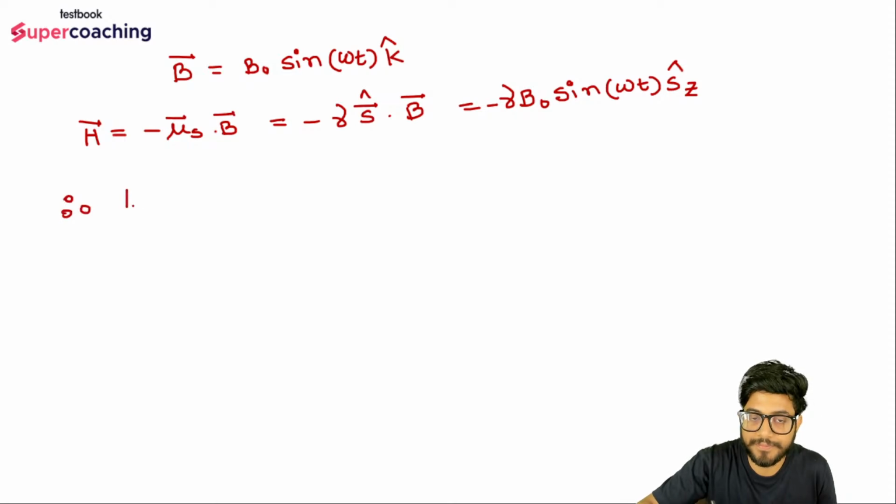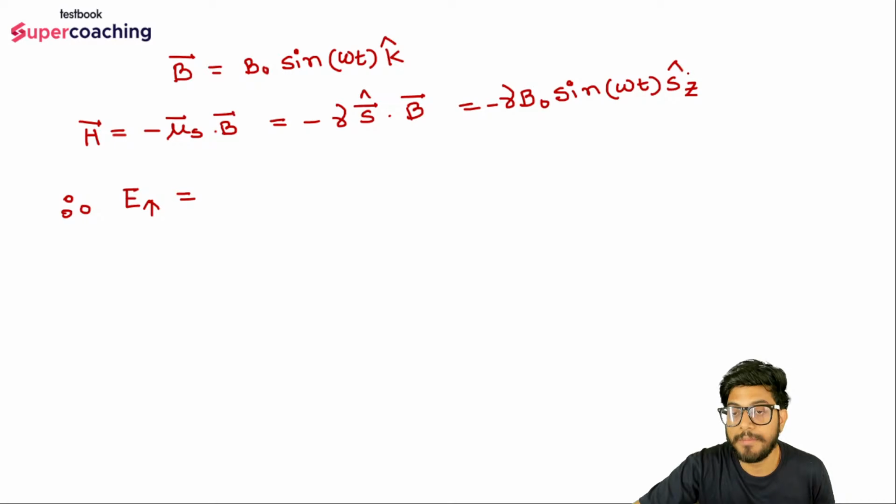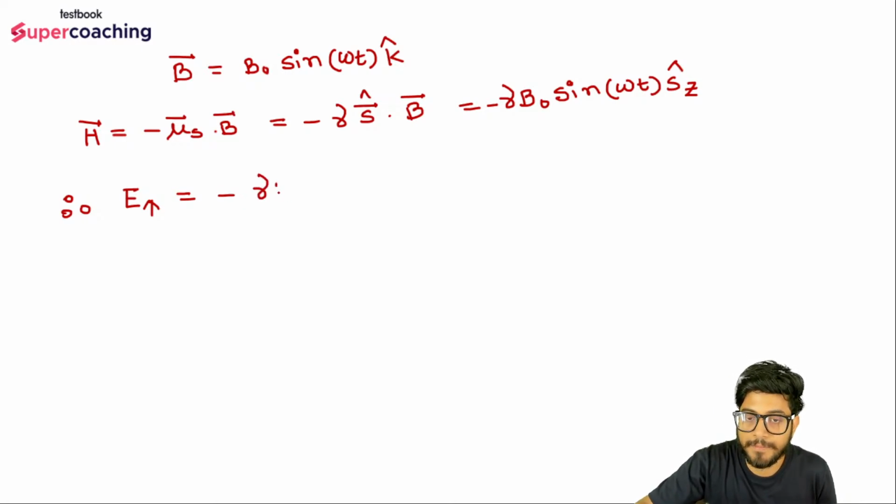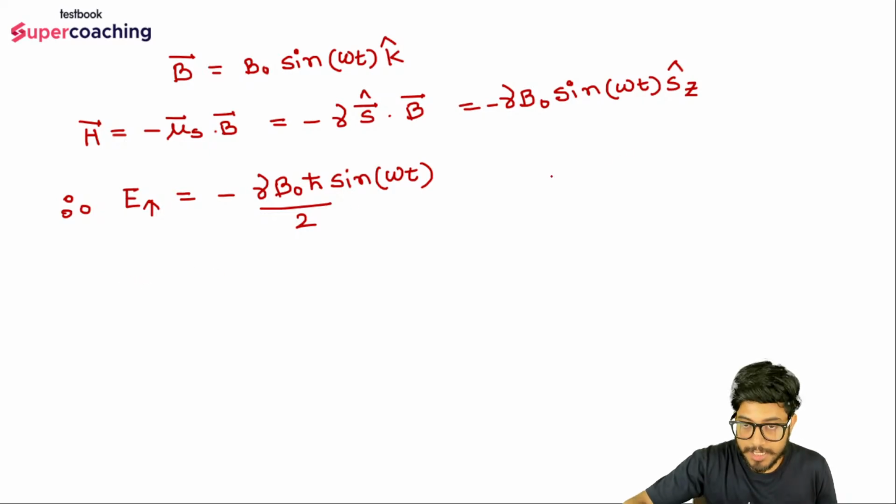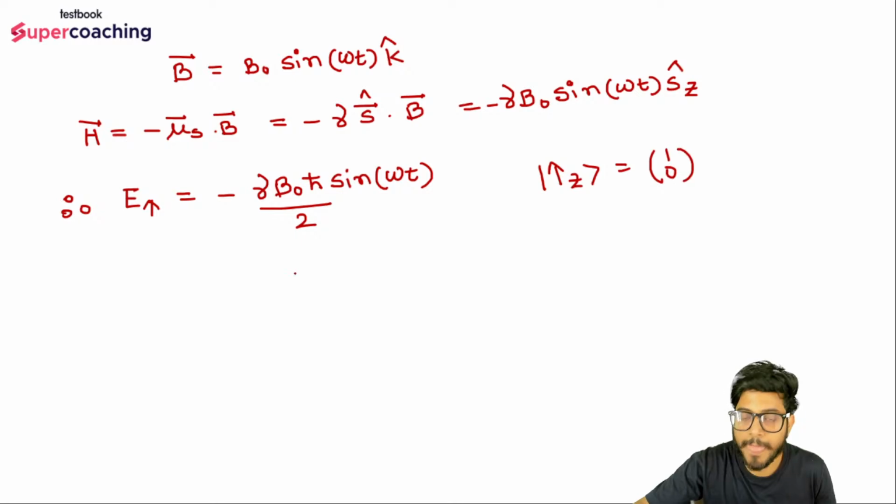Therefore, E up, when the spin of the particle is up, is given by plus h cut by 2, that is minus gamma B naught h cut sine omega t by 2. And the corresponding state is up z, which you all know, that is 1 0. And E down, when the spin is in the minus z direction, the spin projection along the minus z axis should be minus h cut by 2.